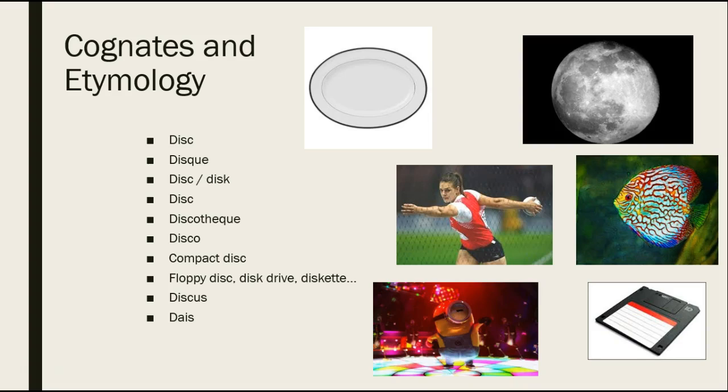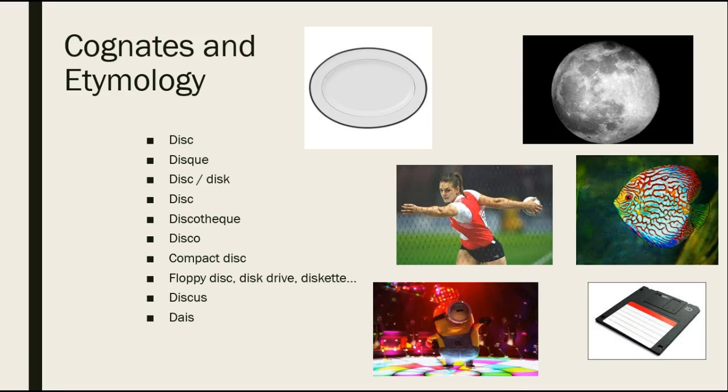So up at the top we have disc, which is actually from Old English, although it looks like modern English, and it originally meant dish. Disque, D-I-S-Q-U-E, was actually French, and it meant flat surface. And so then disc, with a C or a K, came to mean specifically the flat surface of the sun, the moon, or another planet.